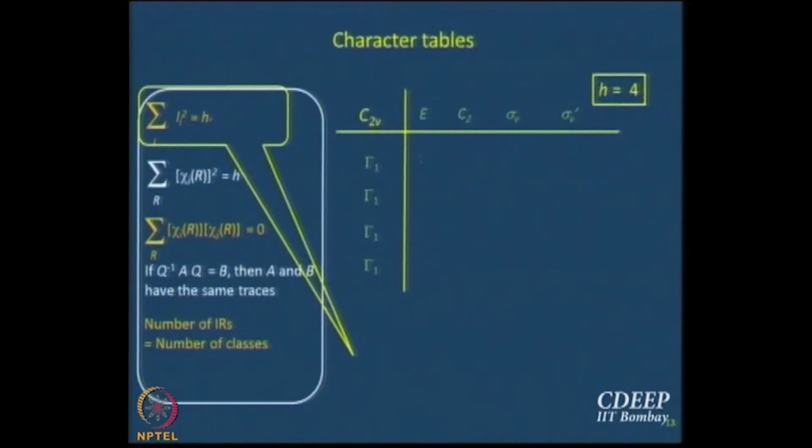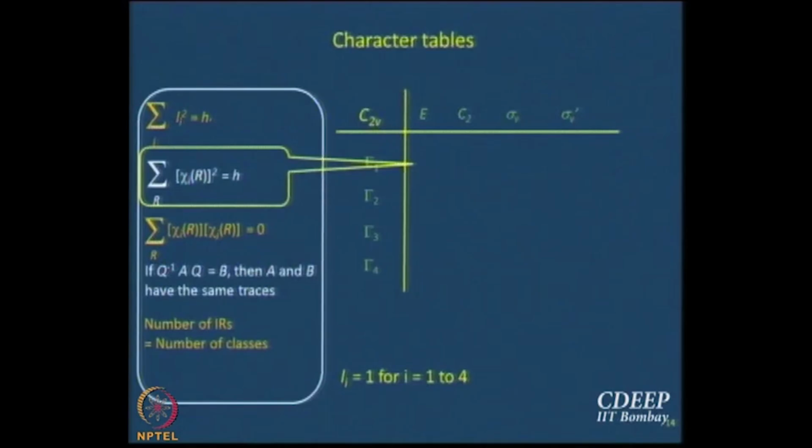So, now see, l1 squared plus l2 squared plus l3 squared plus l4 squared is equal to 4. What will be the values of l1, l2, l3, l4? All have to be equal to 1, right? So, l_i equal to 1 for i equal to 1 to 4. That means for C2v, you have a total of 4 one-dimensional irreducible representations, right?